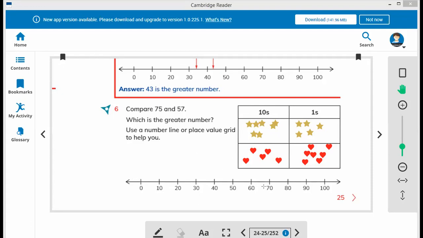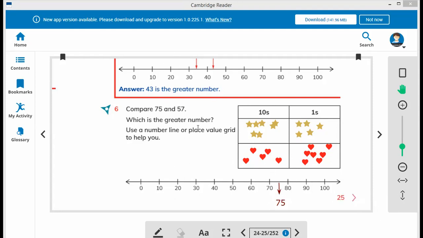Also we can look at the number line. So the number 75 is going to be in the middle of 70 and 80. So here you can write, here is the 75.